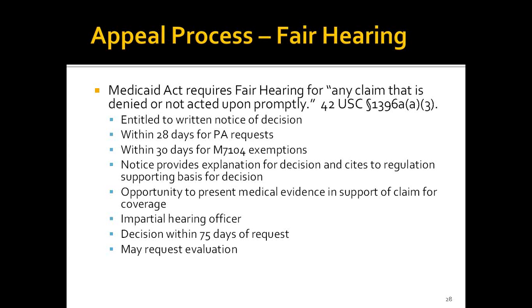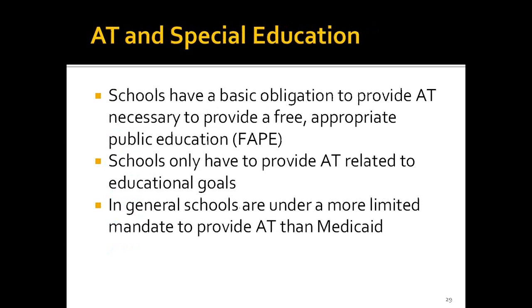And then the hearing officer can make a decision within 75 days. So it's important to appeal decisions and have your medical evidence in order, which would include support from your Medicaid provider, whether that's an OT, a PT, or a physician. With that, I think I will turn this over to Sam, who will talk about AT and special education.